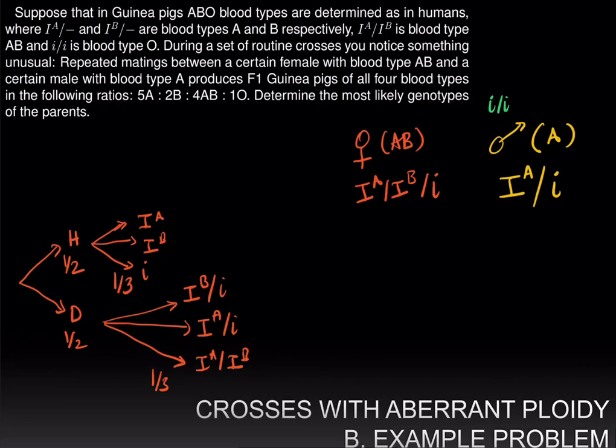So this haploid IA gamete could fertilize either the IA or the little I gamete from the male, and these would have a probability of half. The same goes for the IB and the little I as well.